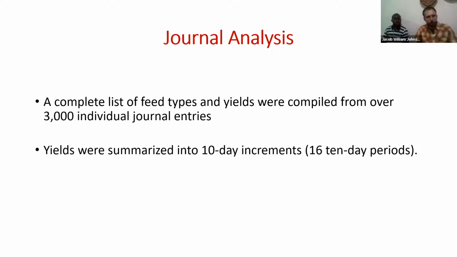So once I got all the journals, I compiled a complete list of all the feed types and yields. It ended up being over 3,000 individual journal entries. I summarized those yields into 10-day increments to create 16 10-day periods.